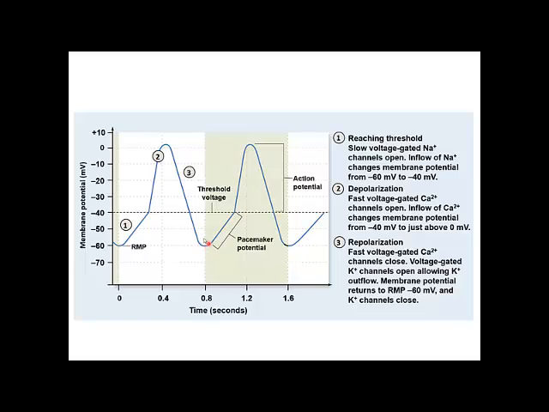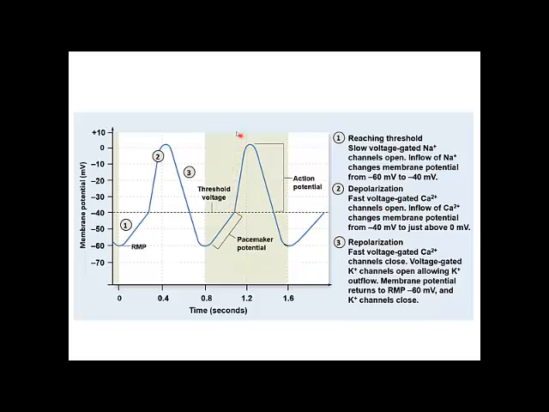So at this point right here, our slow sodium channels will open up. They're slow because they don't let much sodium in at once. This results in this steady depolarization. Once we depolarize above our threshold here, then our fast voltage-gated calcium channels will open.